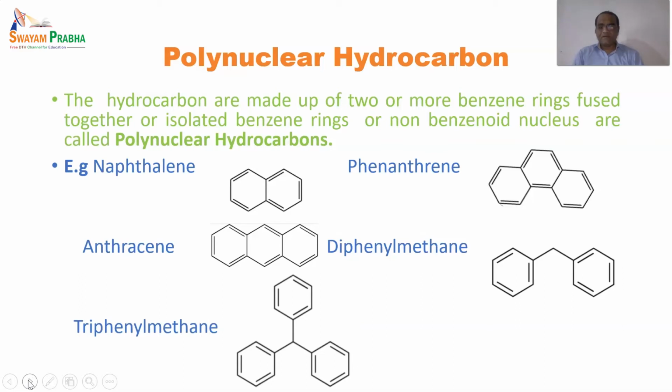So this methane is connected with these phenyls, and so it is called triphenylmethane. These 5 compounds we will be seeing in polynuclear aromatic hydrocarbons as representative examples.